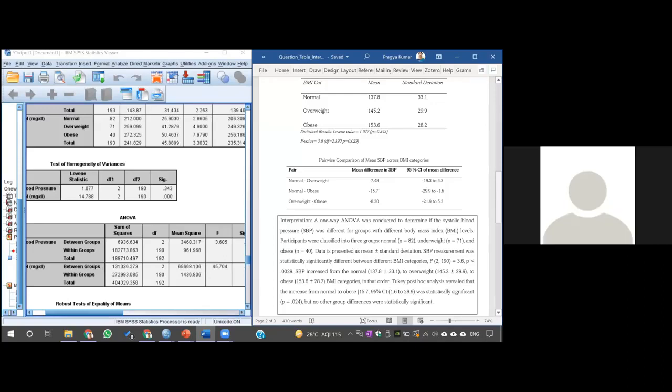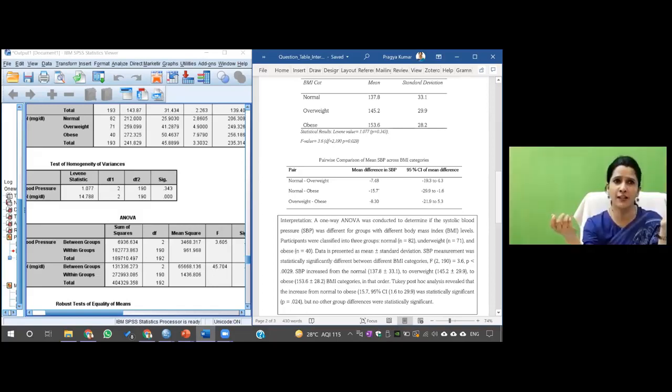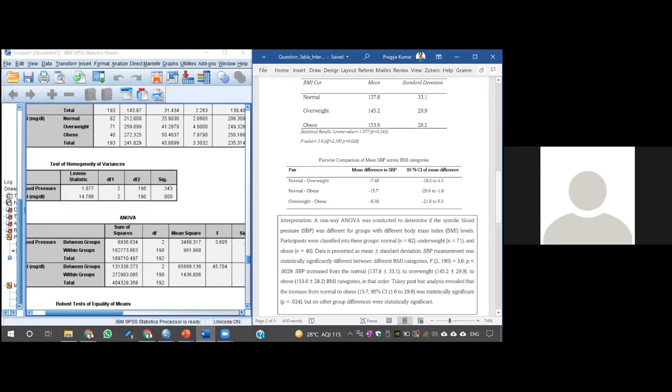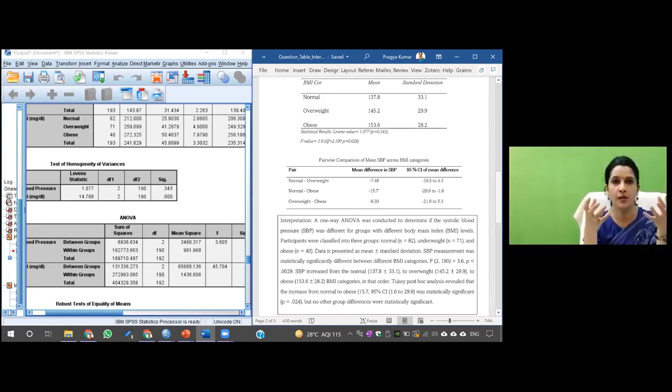Okay, so we don't have to take all of them. No. Why will you take it? It will just be a repetition. Okay. So SPSS gives you that, but the pairwise comparison is the same. Whether you deduct overweight from normal SBP or normal from overweight, the value will be the same. The only difference will be the sign.